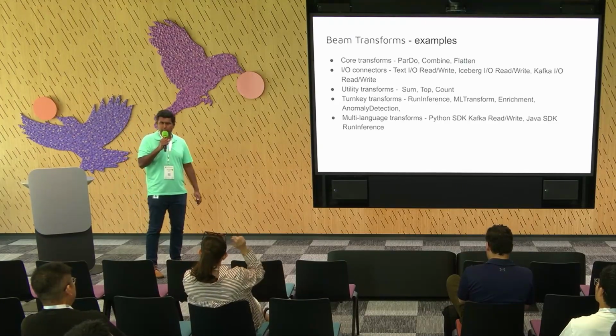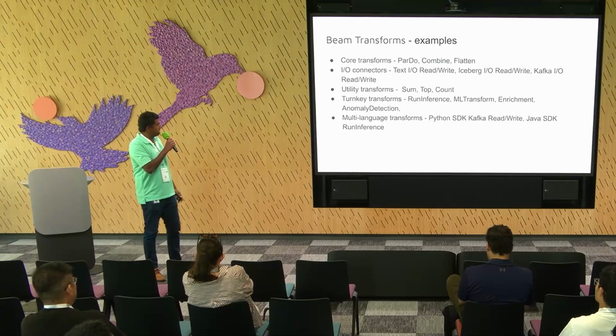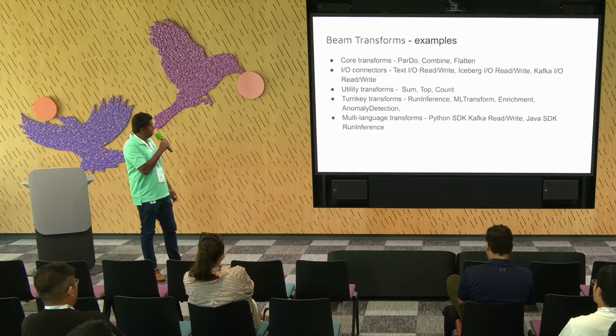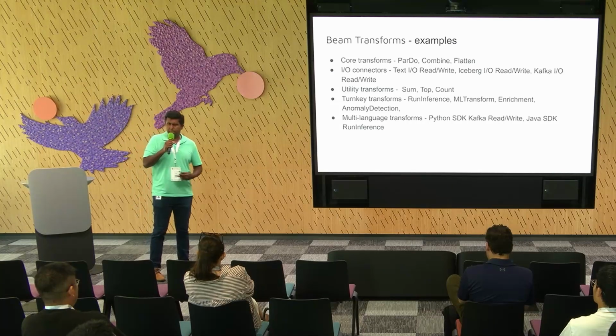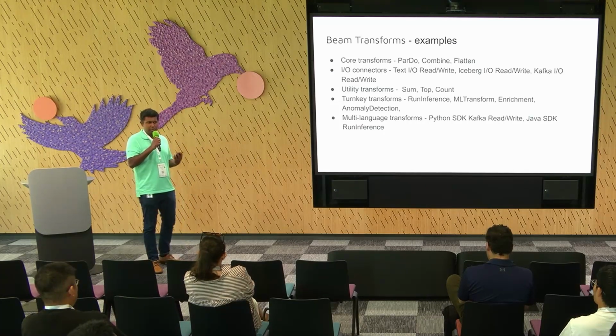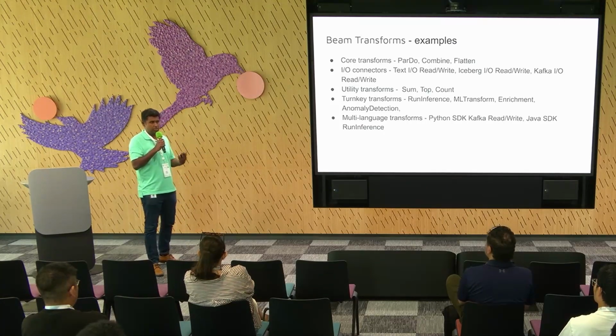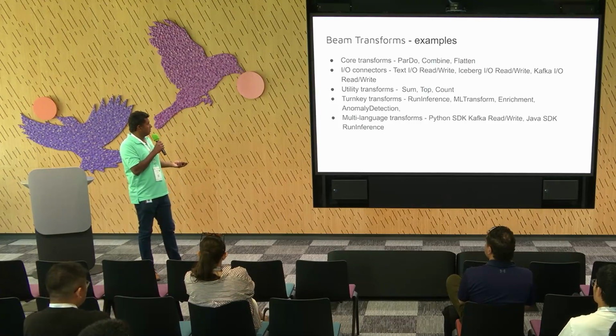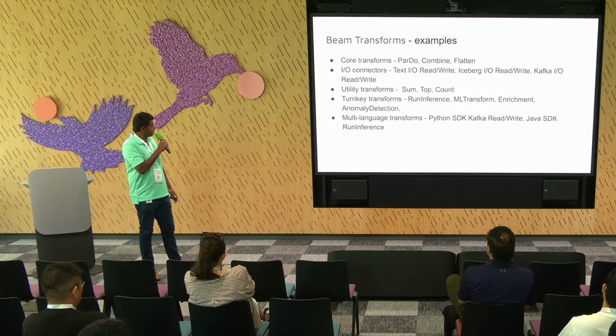Beam comes with a number of utility transforms, things like Sum, Top, Count, and many more. There are turnkey transforms. These are transforms that give you a specific functionality that you can customize to your needs, so things like RunInference, MLTransform, Enrichment, anomaly detection.